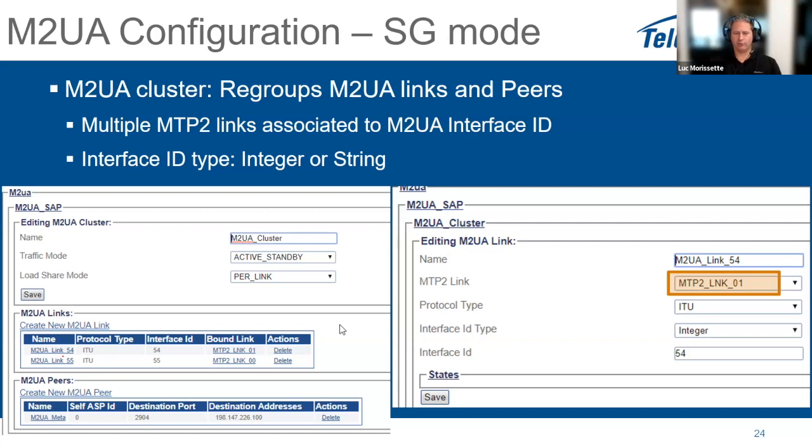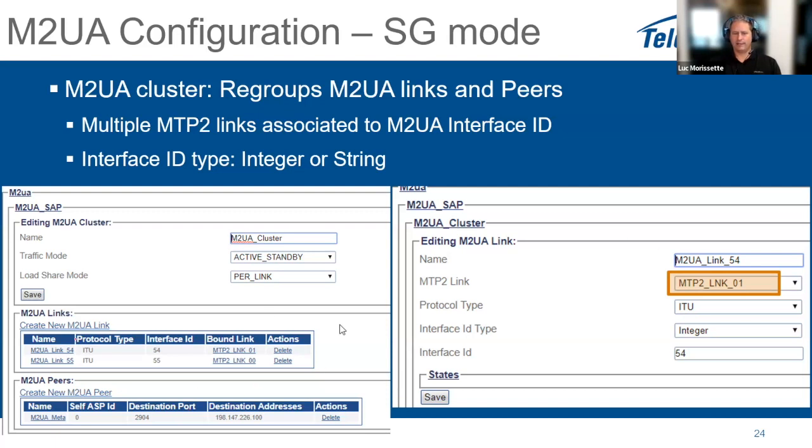So the first M2UA link here with an interface ID is attached to an MTP2 link. So here it's a signaling gateway mode, right? So that's why we're bound to an MTP2 link. And the second link here is 55, and it's linked to another MTP2 link. Here, there's also a peer that we will configure right after.